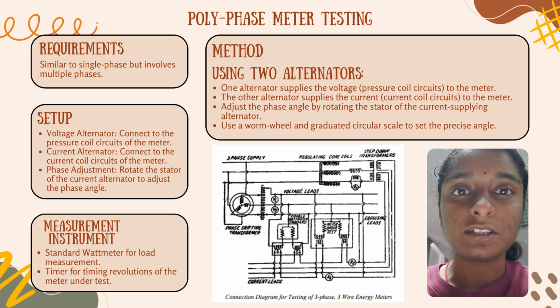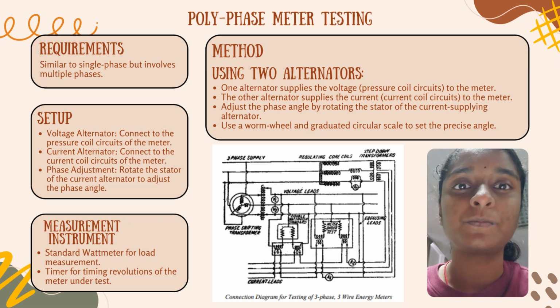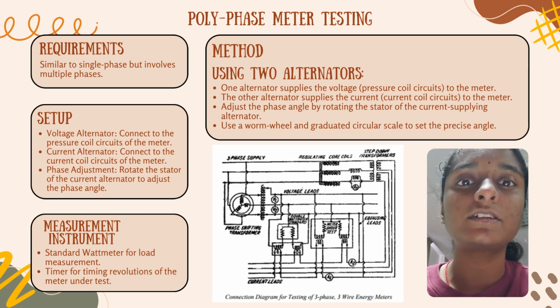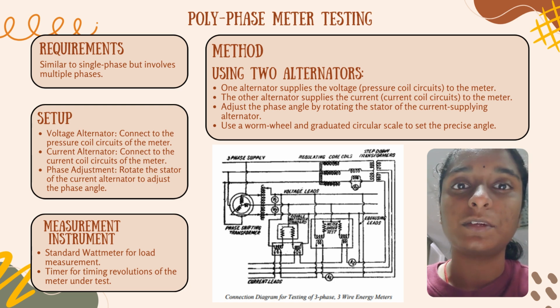For measurement, the standard wattmeter is used for load measurement and a timer for timing the revolutions, just like earlier. The method uses two alternators, where one alternator supplies the voltage to the meter and the other alternator supplies the current to the meter.